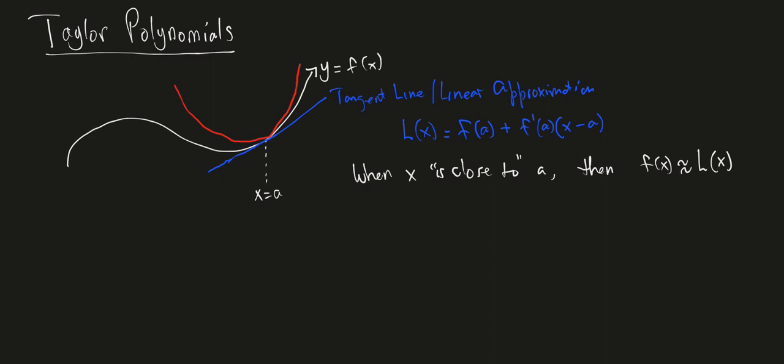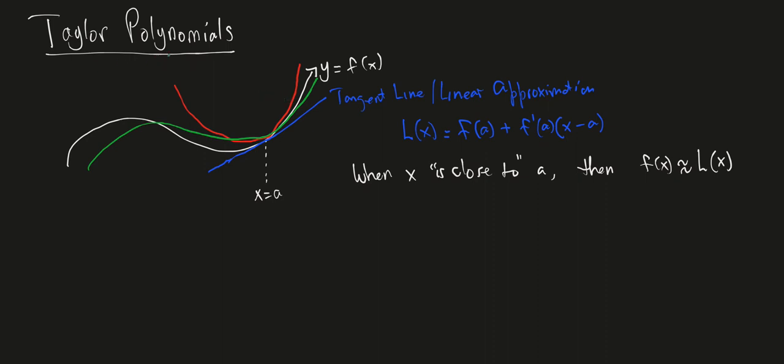And then, a parabola is great, but look again at this curve in total. Maybe a third degree polynomial that passes through the exact same point, that has the exact same slope. Maybe we could find a third degree polynomial that does something like that. And that's the concept behind Taylor polynomials.